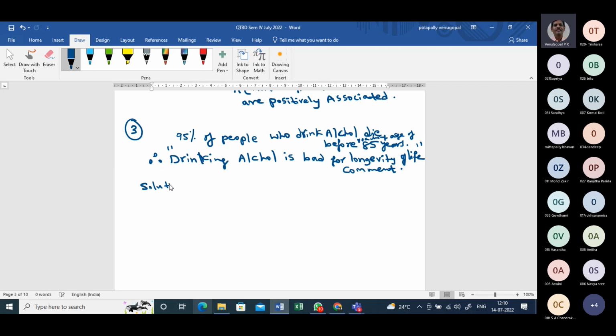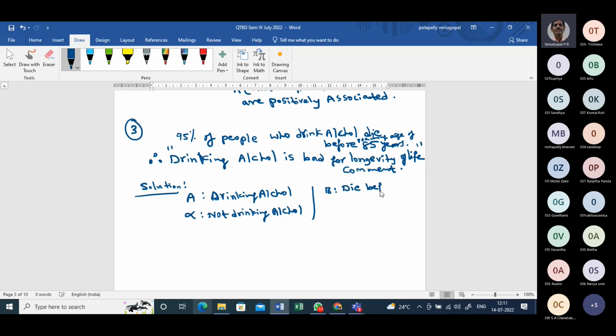What are the variables we are supposed to take as attributes? A is what? Drinking alcohol. Alpha will be not drinking alcohol. What is B?